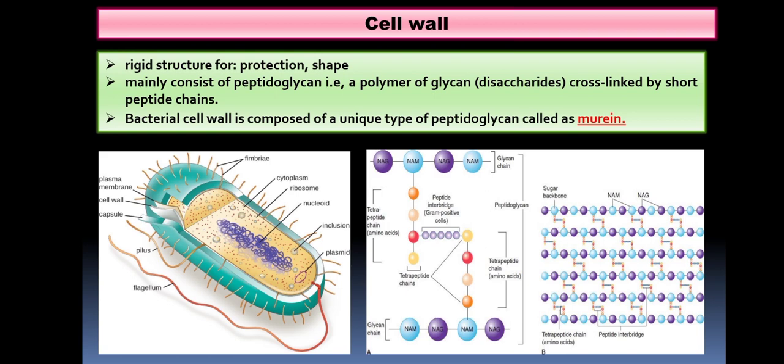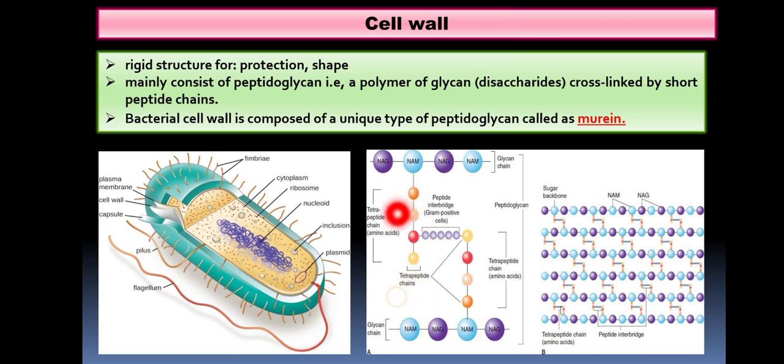The backbone, the glycan, is made up of alternating molecules of N-acetylglucosamine and N-acetylmuramic acid, connected by a beta-1,4 glycosidic bond.